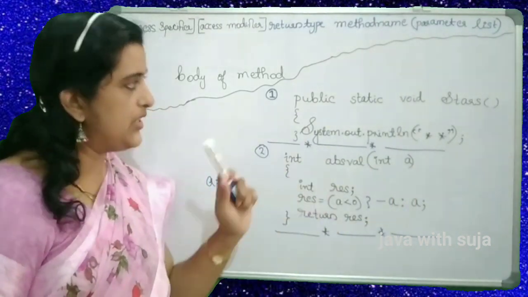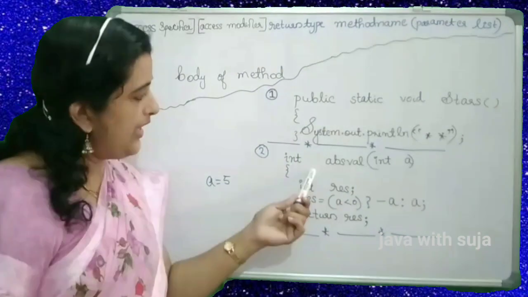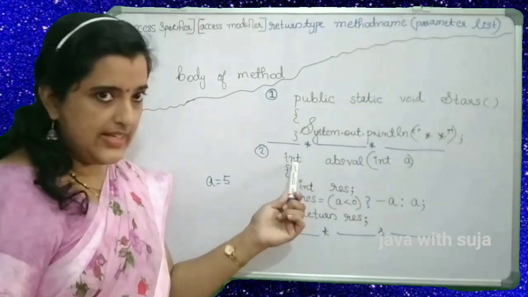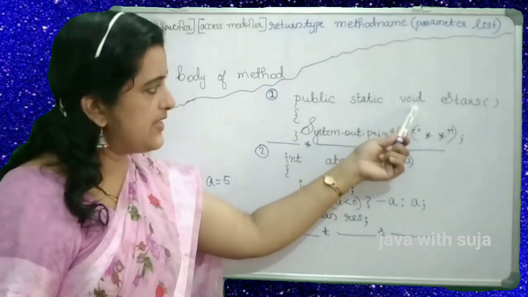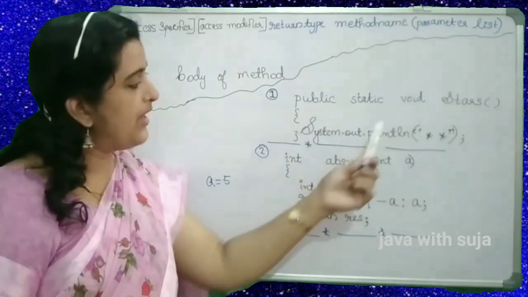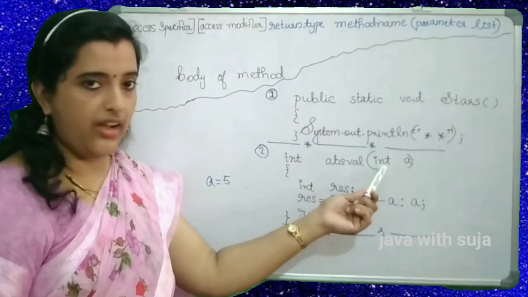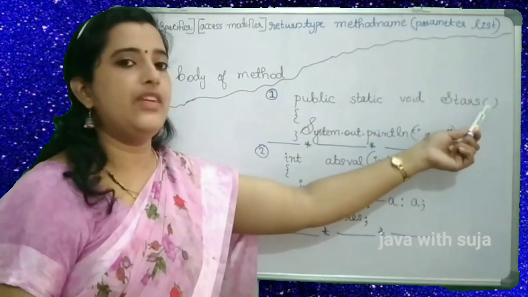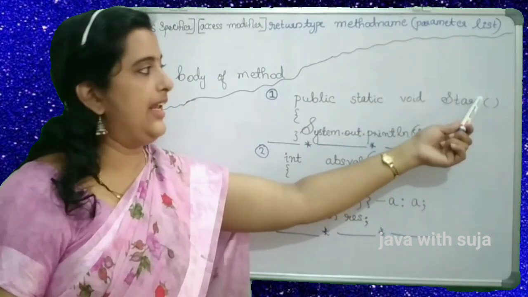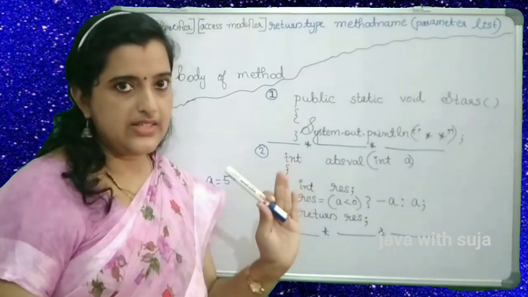Now see the difference between these two. In the second example, I have given the return type int, whereas in the first example I have given void, and in the second example I have given one parameter, whereas in the previous example I have not given any parameter. So the difference is clear.